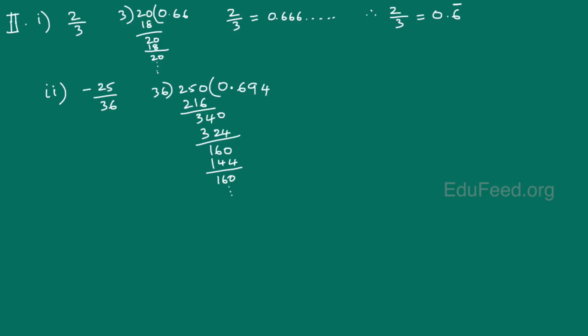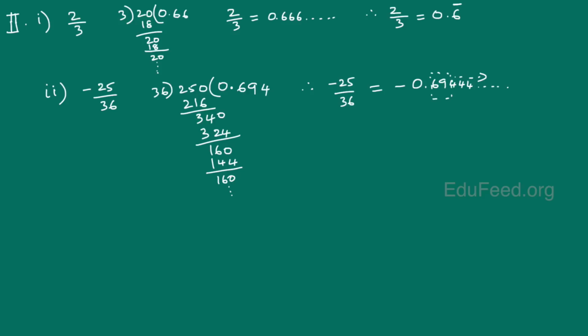So therefore minus 25 by 36 is equal to minus 0.694444 and so on.